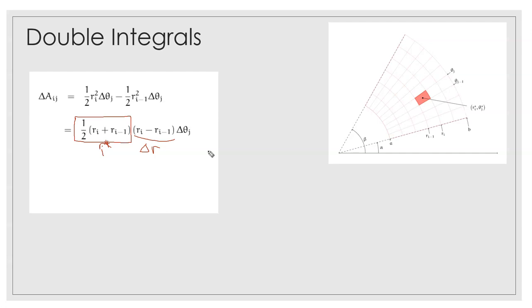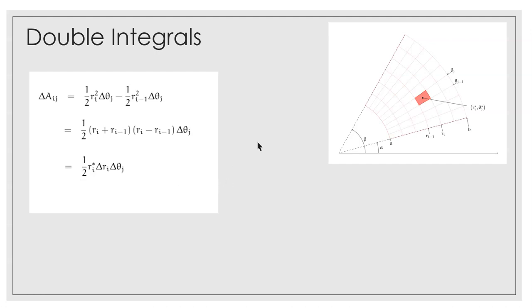So now we can simplify that a little bit further, after I clean it up, to 1/2 r i star delta r i delta theta j. I should just not talk during this. I should just point, because I'm going to get more tongue-tied.